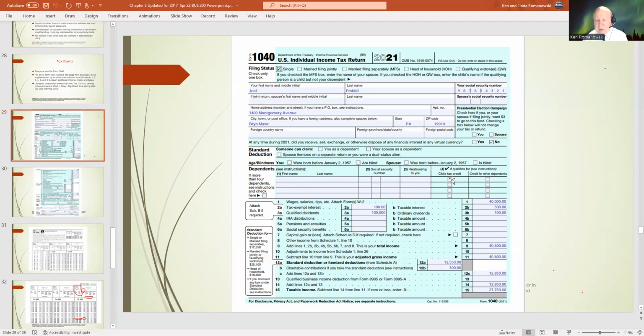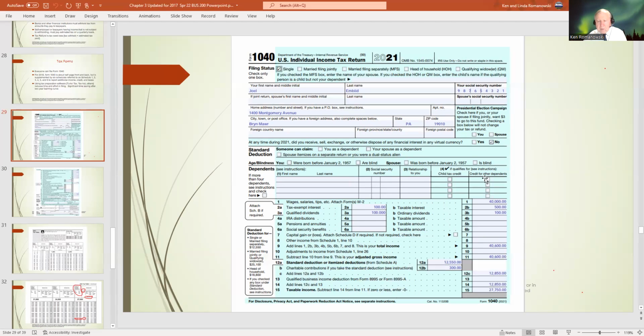And if they qualify for a child tax credit, you check that off. If there is any other kind of credit for dependents, you would check the other boxes here. If they don't qualify, then you just do not check off those boxes.